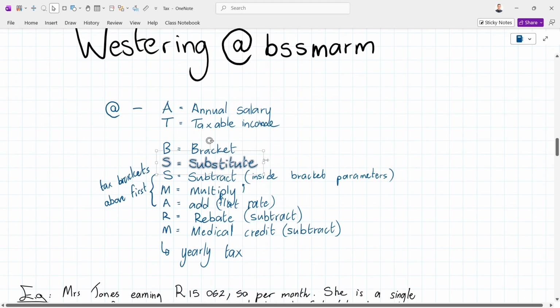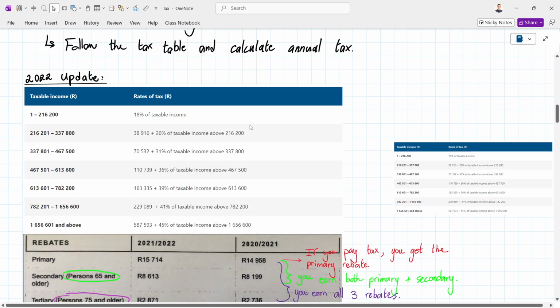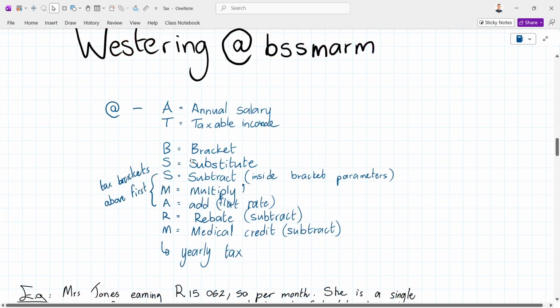Then you need to substitute the values. You need to subtract inside the brackets parameters. So over here, income above 216,000. It will make more sense once we do this with an example. You need to multiply.